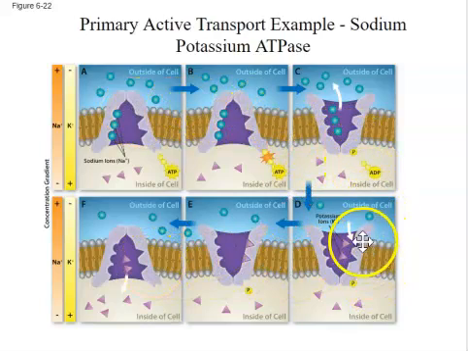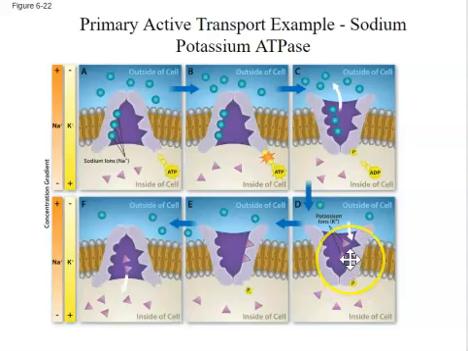What happens then is the potassium ions enter and bind, and there's still a phosphate attached at this point, and the conformation stays open. Then a moment later, the phosphate detaches. The firm attachment of those potassium ions is what triggers the loss of the phosphate.